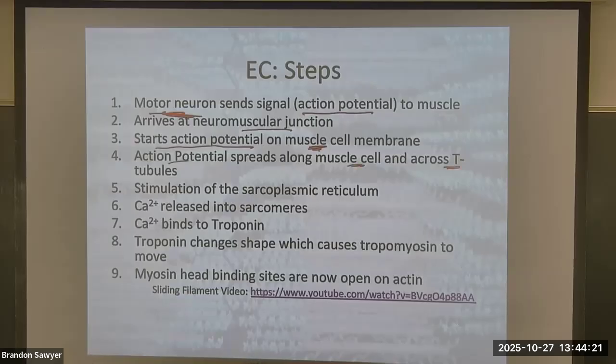Remember the T tubules that helped us get that nerve signal deep down into the muscle cells. That activates the sarcoplasmic reticulum, which is what stores calcium for us, right? Calcium is released, calcium binds to troponin, makes troponin change shape, and then that moves tropomyosin, right? So now we have this open myosin binding site on actin.